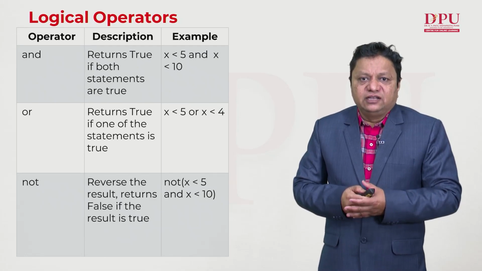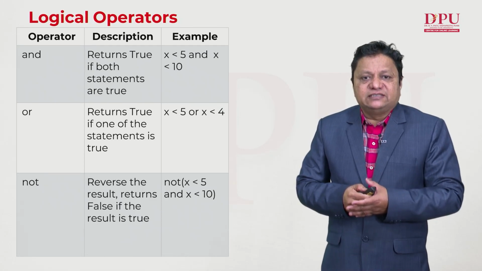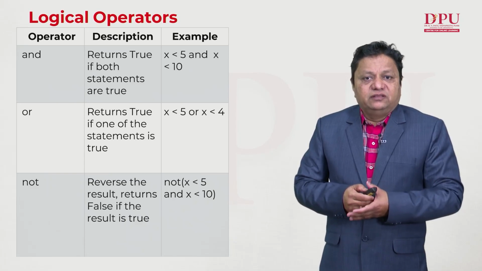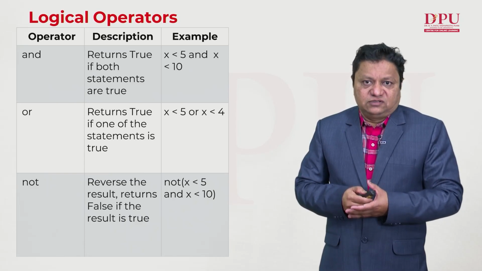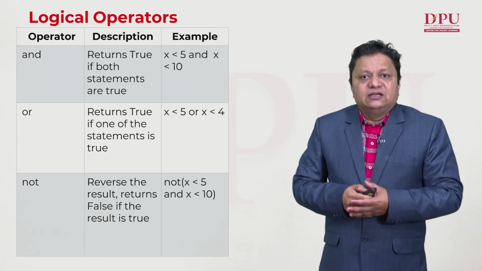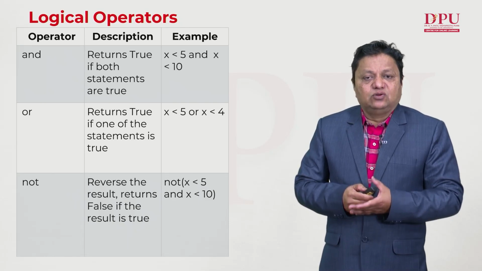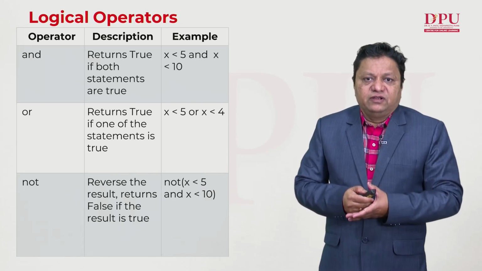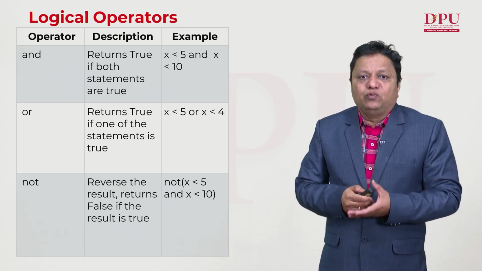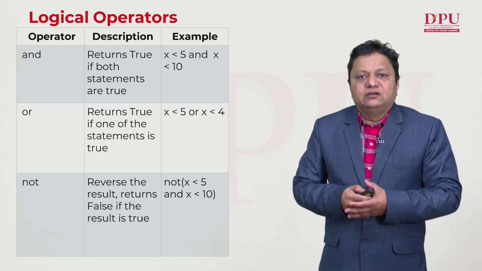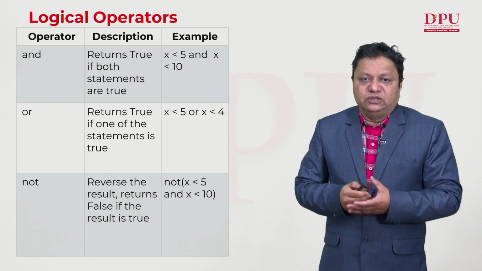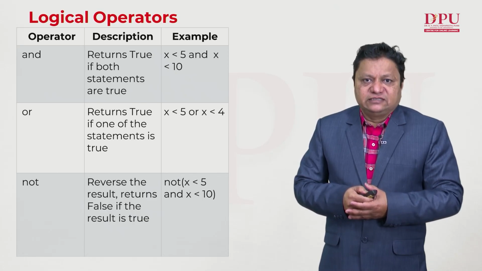If the result is true, it returns false, and if the result is false, it returns true. For example, NOT of x less than 5 and x less than 10 will give me a false value if the statement is true. So if the value of x is less than 5, it returns false. It means the value of x should not be less than 5, and only then will I get a true value if I am using NOT. This is how NOT works.